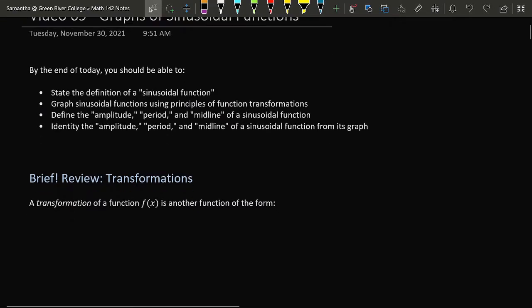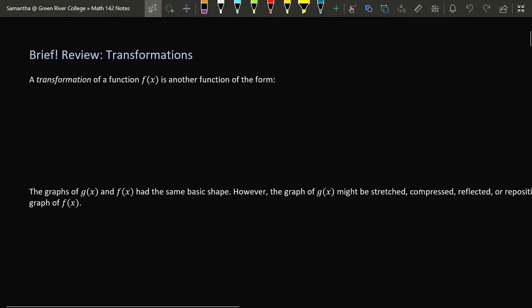Now, before I get into that, I want to review ever so briefly the idea of transformations of functions from Pre-Calculus 1. A transformation of a function f of x is another function that I might call g of x, which is related to f of x in the following way.